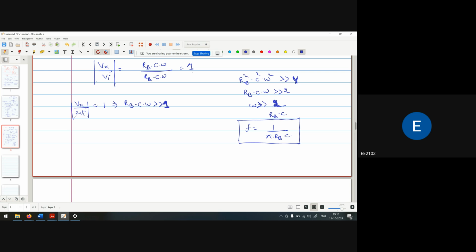I think they are considering some other part of this, but I am taking it simple. So in this way, you get the value of f should be greater than 1 upon 2 pi Rb C, and the professor will be getting this. We are only taking this circuit without any assumptions, but the professor will be using this one.